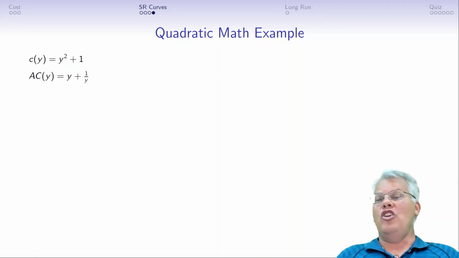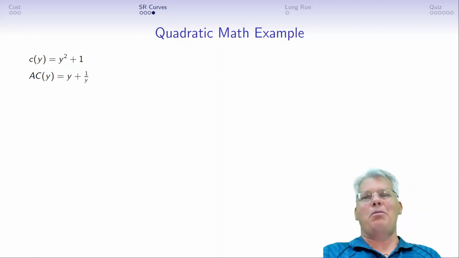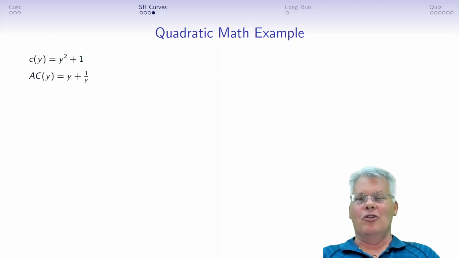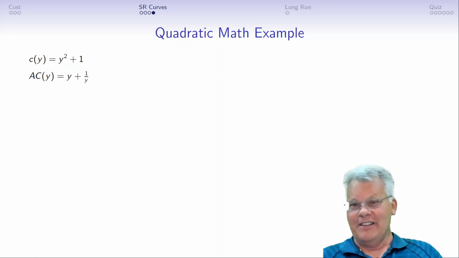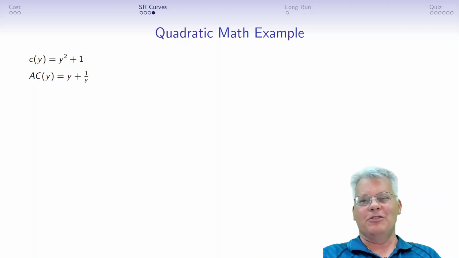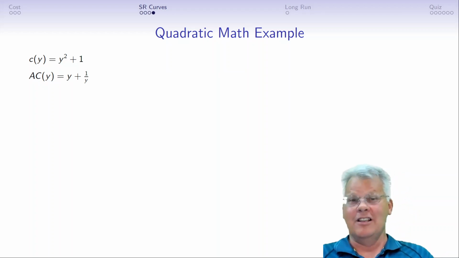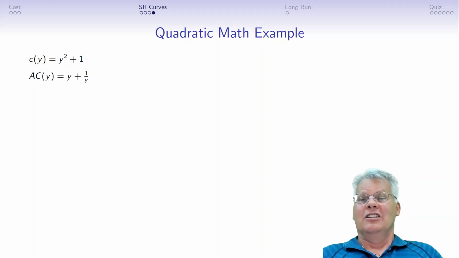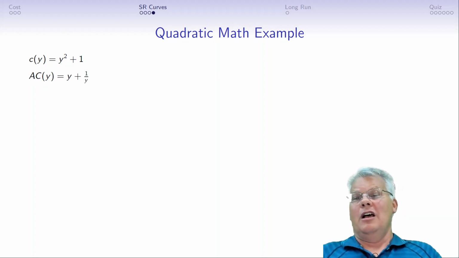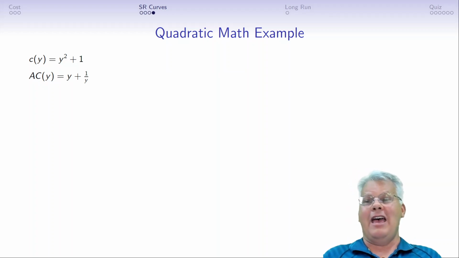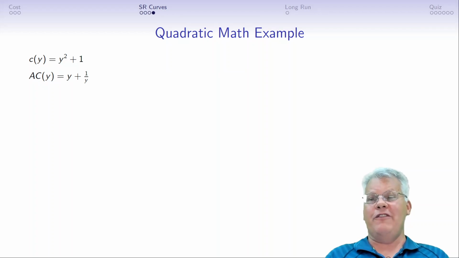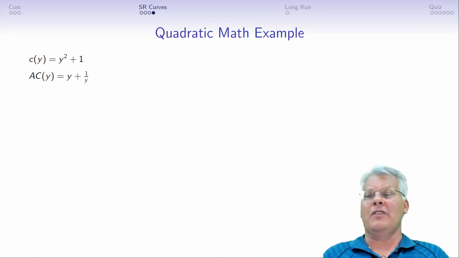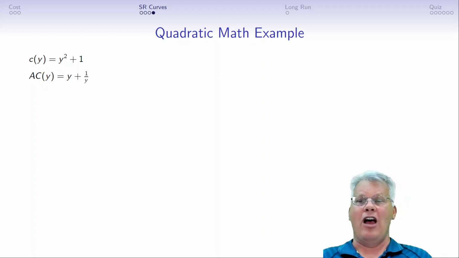Now, to give you the simplest possible mathematical example, there was an example of this in the text. There are numerous examples of this in the practice quizzes. So I'm going to illustrate with a quadratic math example. What I mean by that is total cost, you'll see from the first line to my left, is a quadratic function of output.